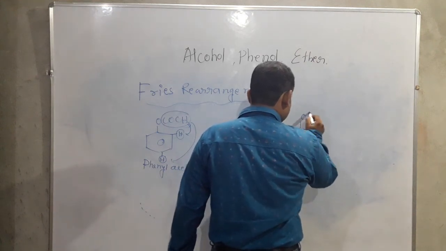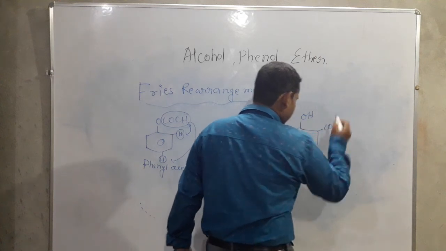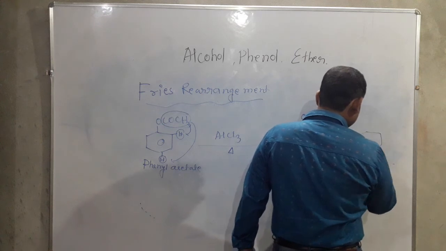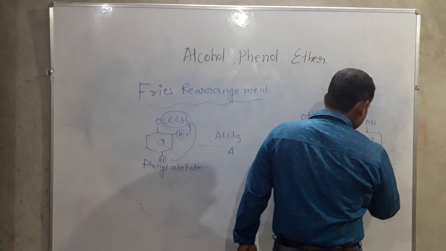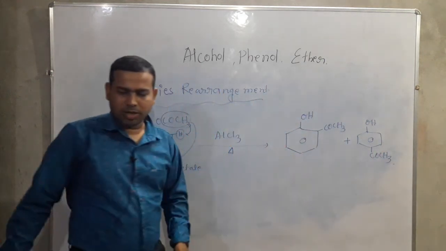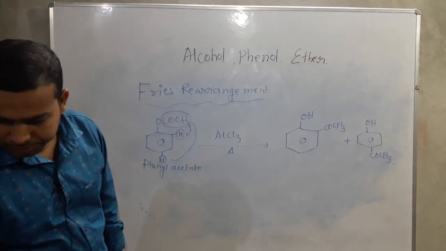One is OH, another is COCH3, plus OH, COCH3. This one is the ortho product, another is the para product. Clear, people?